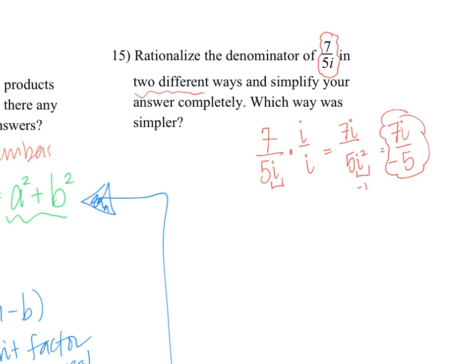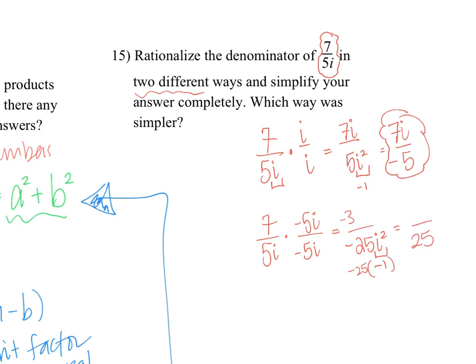Something else that I see students do is saying, well, let's multiply by the conjugate. So they want to multiply by a negative 5i, again, top and bottom. Our goal is to make the denominator not have an i in it, so this will work because we'll get negative 25i squared. i squared is negative 1, so negative 25 times negative 1 gets us 25 on the bottom with no i.